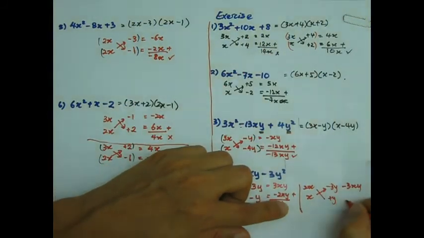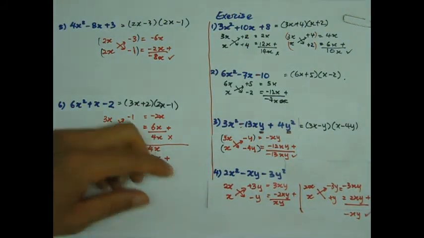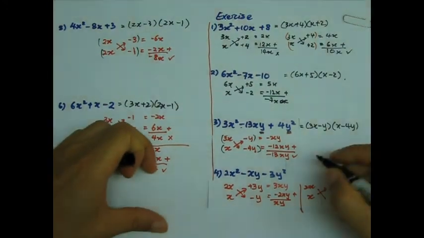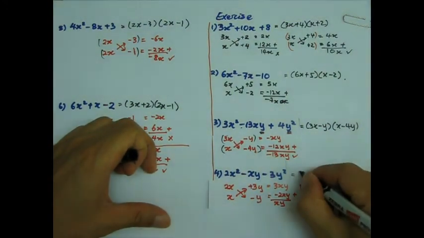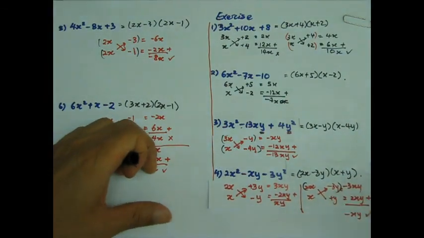This cross multiply gives me 2xy, and you add them together, that gives me exactly minus xy. Again, the answer in this case, the factors are 2x minus 3y times x plus y. That's it.